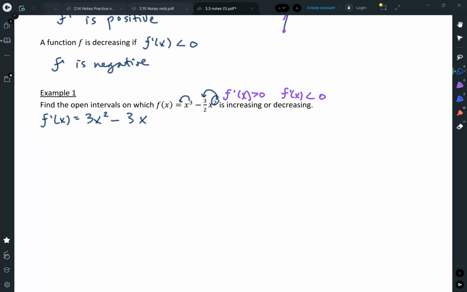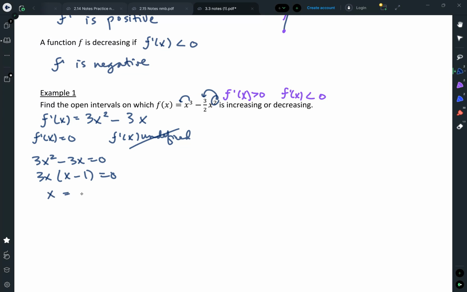To find my critical numbers, I take my first derivative and make it equal to 0. I would also say where my first derivative is undefined. This one's a polynomial, so it is never undefined, not an issue here, but we do need to make it equal to 0. Let's factor out 3x, and we get x is 0 or 1. These are my critical numbers.